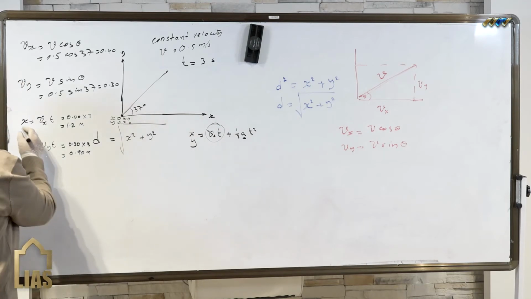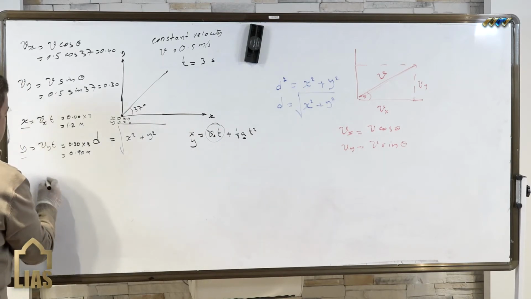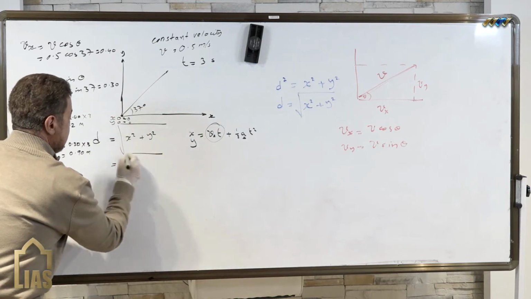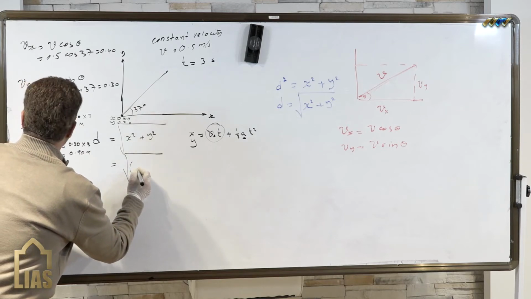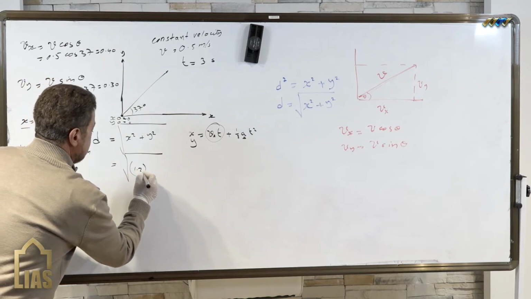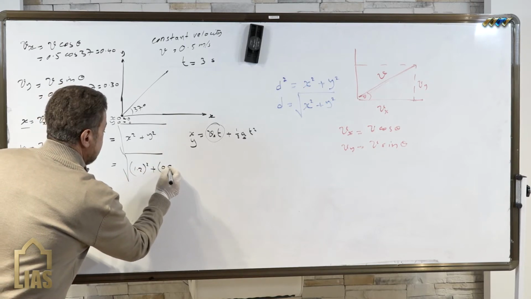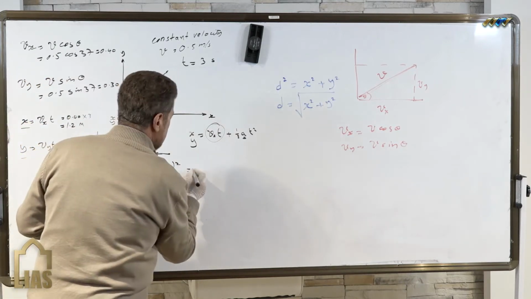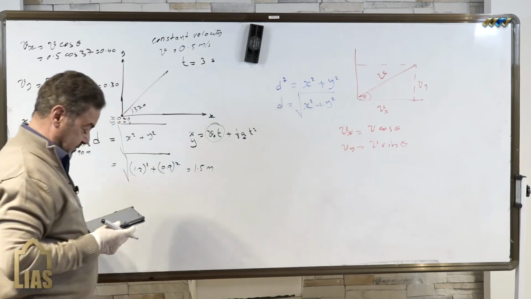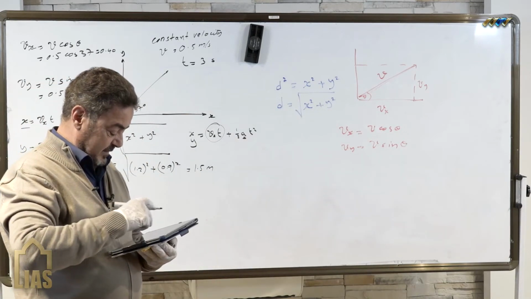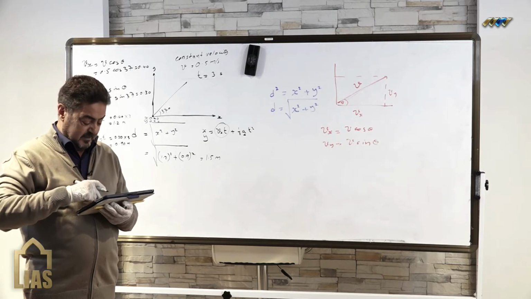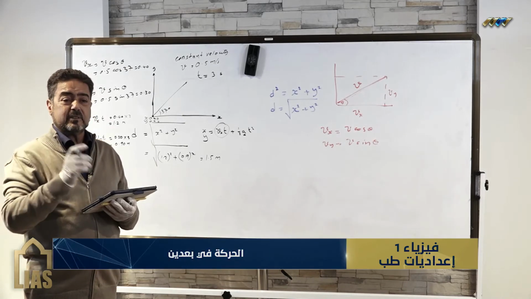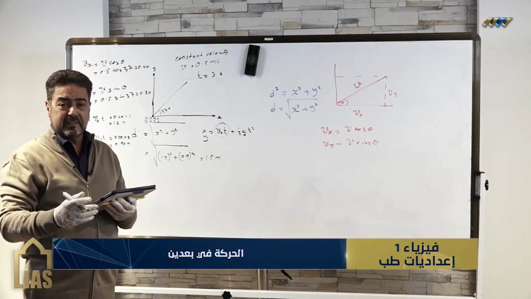Okay, I have x and y, then d is equal to the square root of 1.2 squared plus 0.9 squared, and that will give you 1.5 meters. This is the distance traveled. It's very simple. Nothing complicated, but you have to know what you have and what you need.